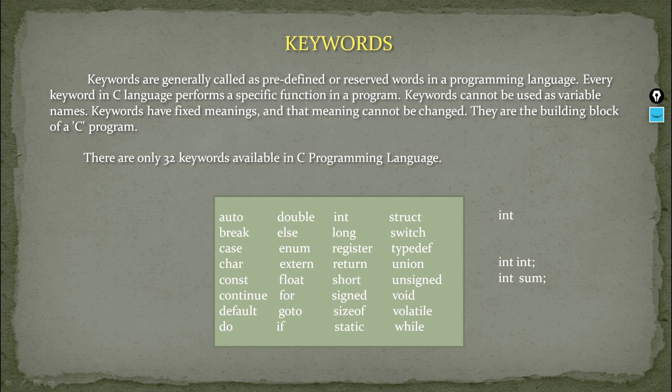They are the building blocks of a C program, and these building blocks make an instruction and instructions make a proper program. There are only 32 keywords available in C programming language. These are the keywords available in C programming language. Using these keywords, we make instructions.